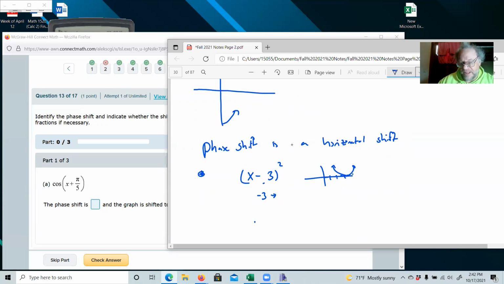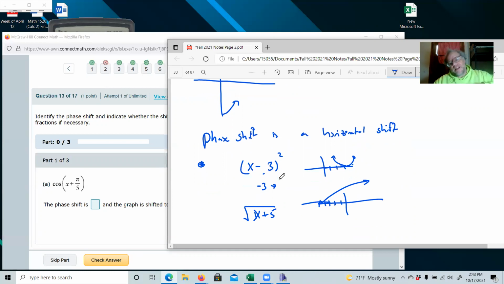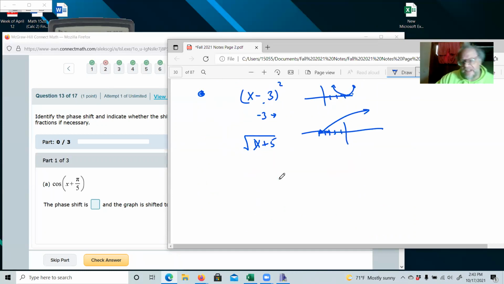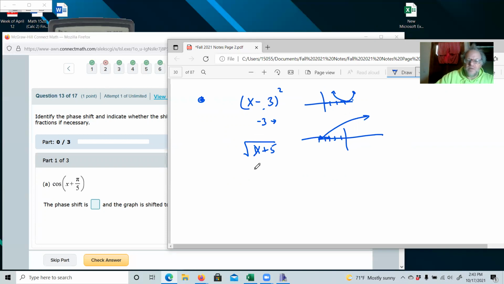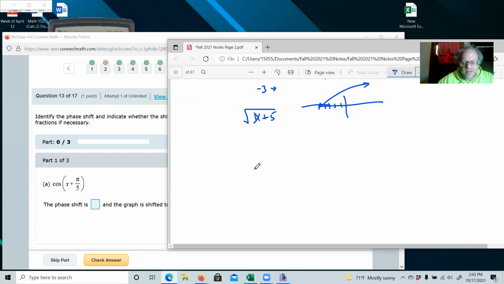If you remember, what does the square root of x plus 5 look like? That was 1, 2, 3, 4, 5 over, and then there's our shift. Now, we didn't really ask this in college algebra. I mean, we used to, but I was told not to ask this anymore.